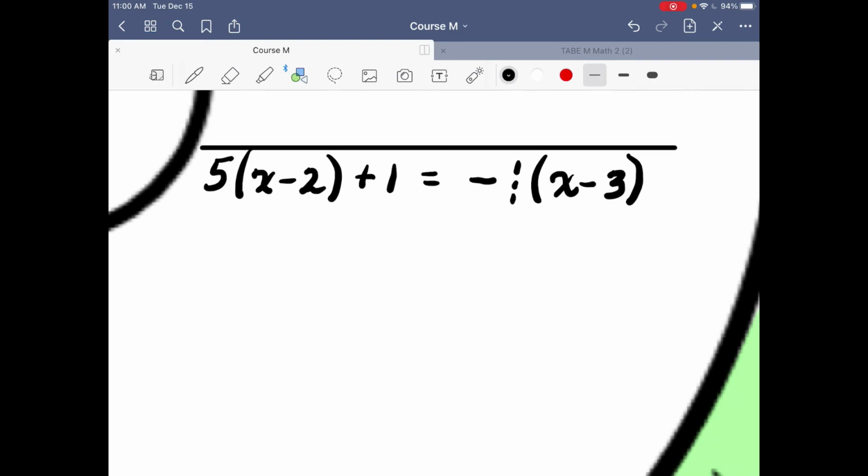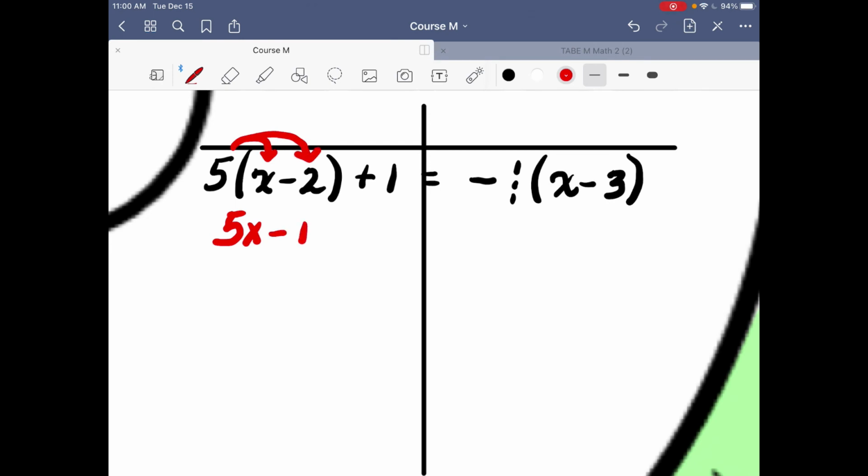So let's put the power t in. Do not make a decision about variables until you get rid of your parentheses. So we're going to say 5 times x, that's 5x. 5 times negative 2 is negative 10. And then let's do it over here.